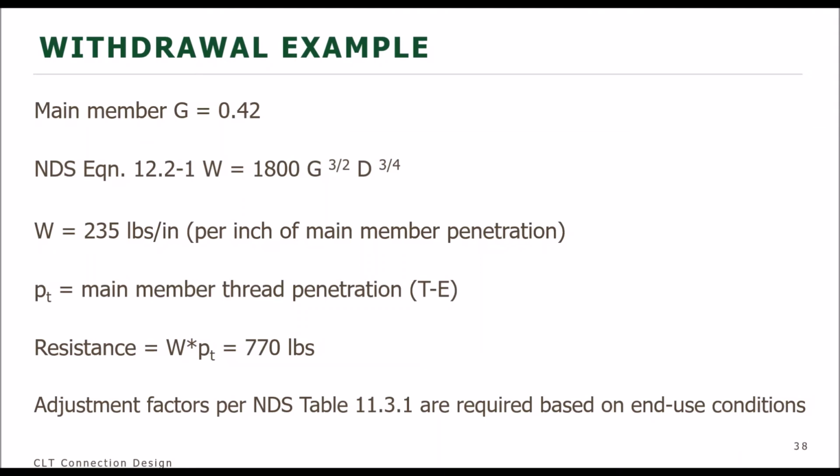Now remember, this is just the unadjusted design value, so depending on your end use conditions, you'd have to go into NDS Table 11.3.1 and get the appropriate adjustment factors for your design value. It would be based on things like load duration, moisture content, things like that. So this is just the unadjusted design value.